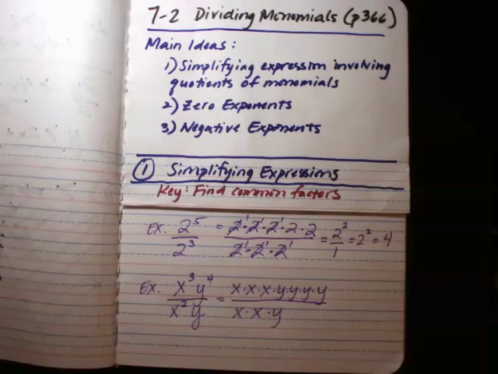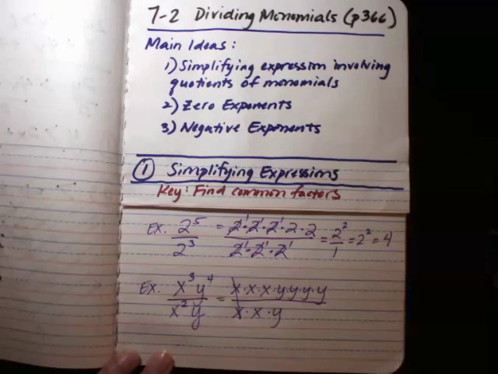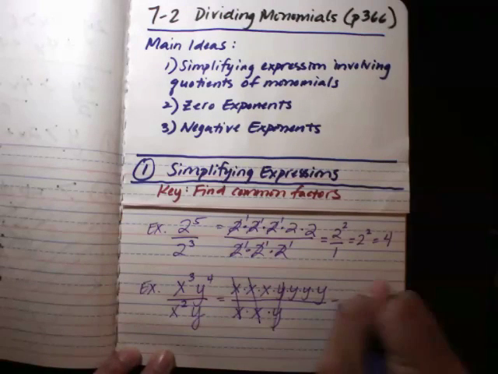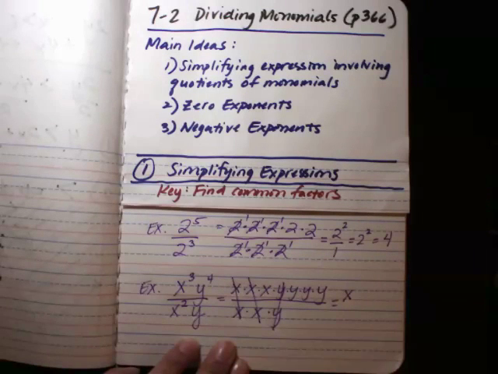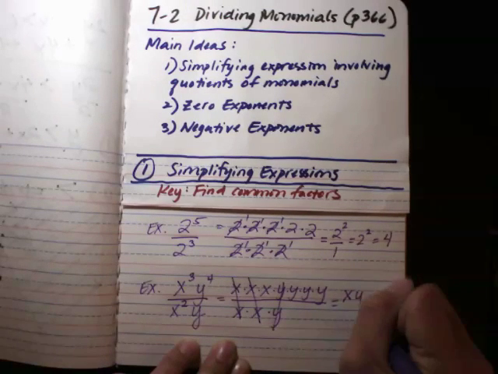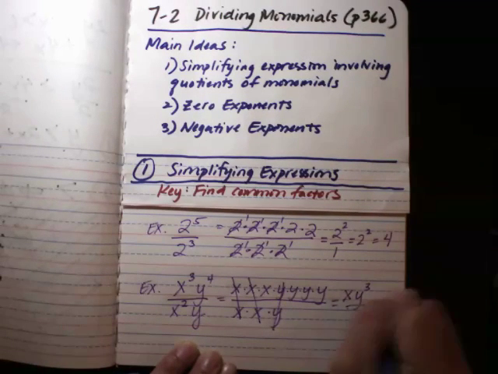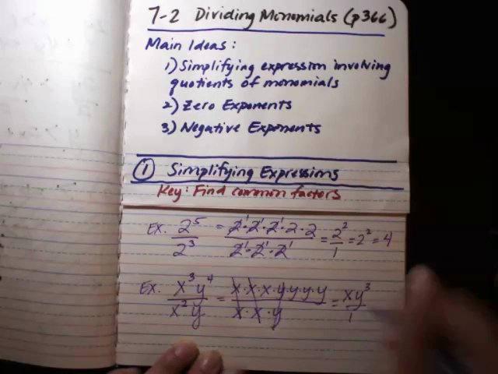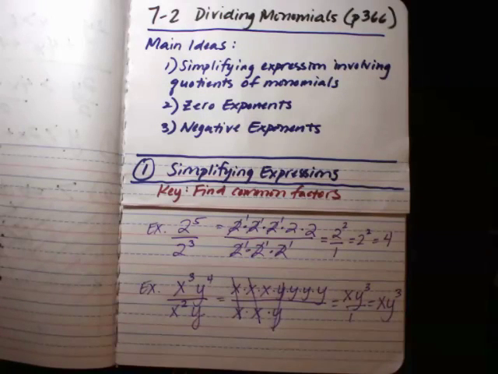If you did, that means you're going to start canceling out. You can cross out these x's, you can cross out these y's, leaving you with, in the numerator, x to the 1st power, there's only 1, and y to the 3rd power. In the denominator, you're only going to have 1. So that leaves you with x to the 1st times y to the 3rd.